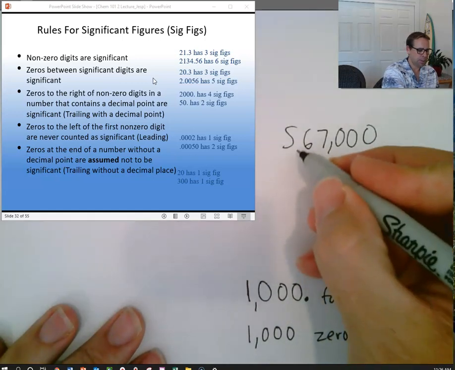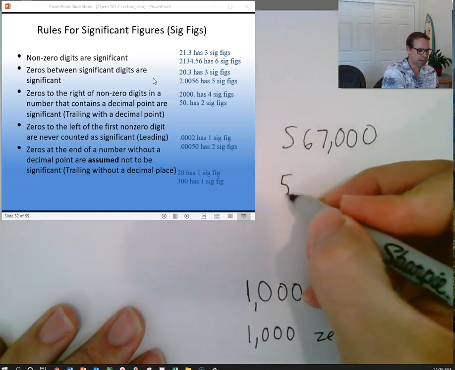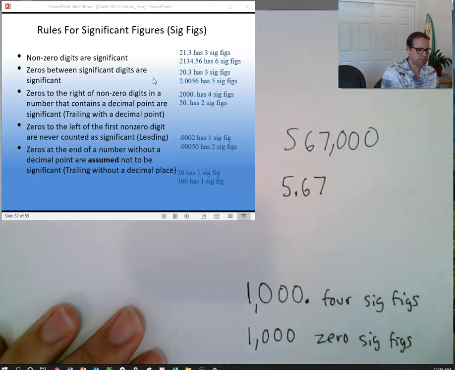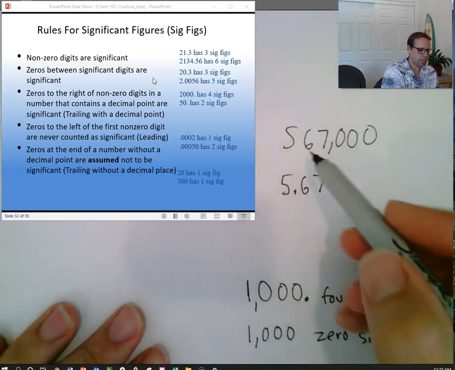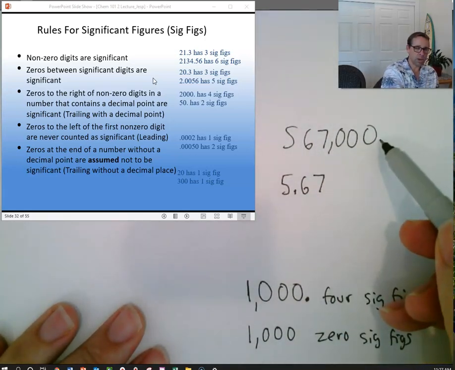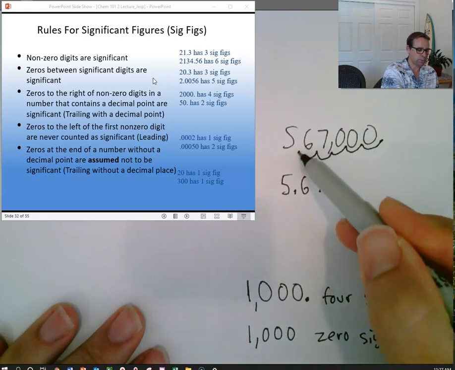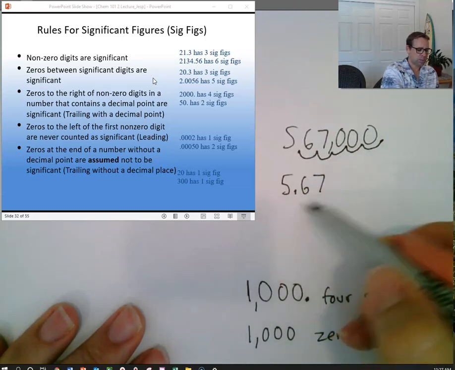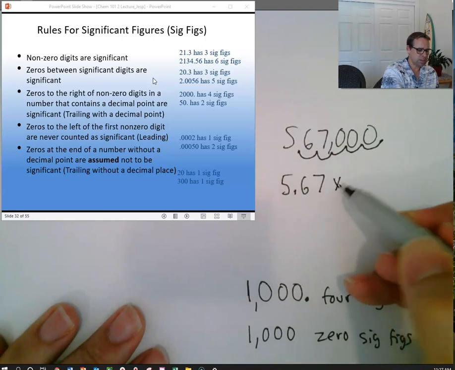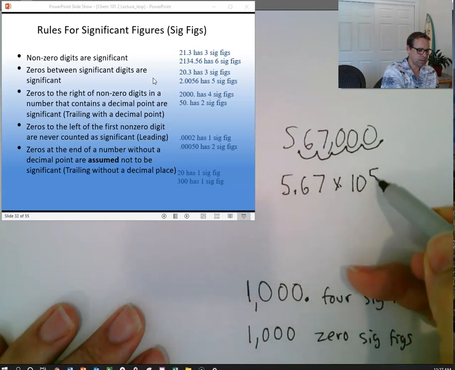So to do that, we put a decimal place here, 5.67. And then we count how many decimal places we had to move our decimal to do that. We have to move it 1, 2, 3, 4, 5. And so we say 5.67 times 10 to the 5.